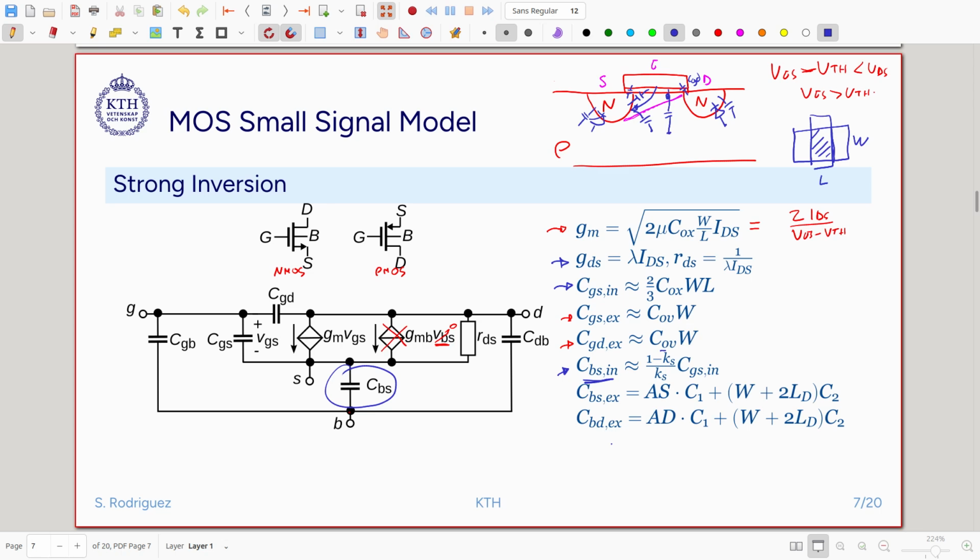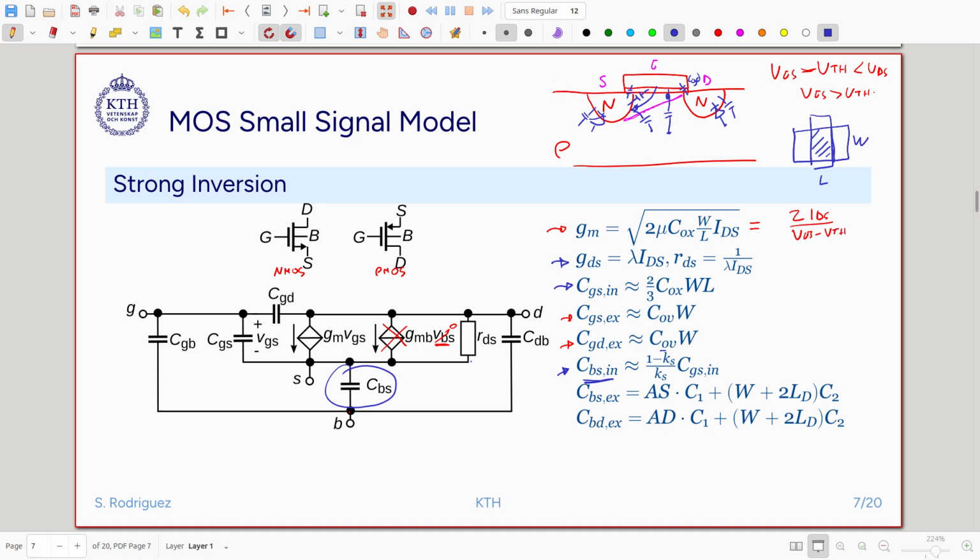Okay, so basically these capacitances will change our model. If we add our capacitances to our circuit, we will see that there will be capacitance from gate to the bulk, gate to the source, gate to the drain, drain to the bulk, and actually there will be another drain to the source.